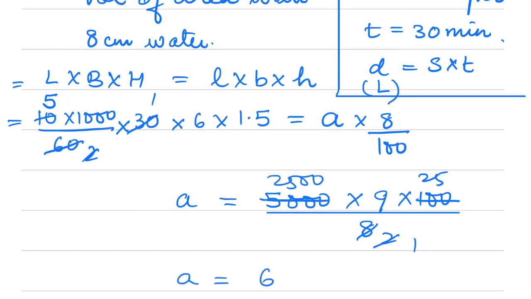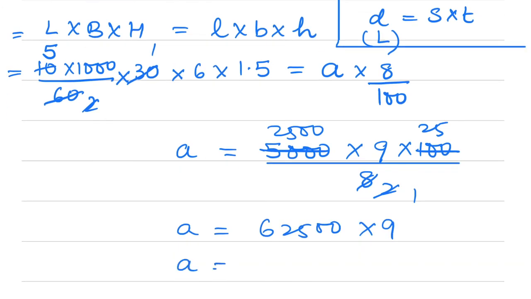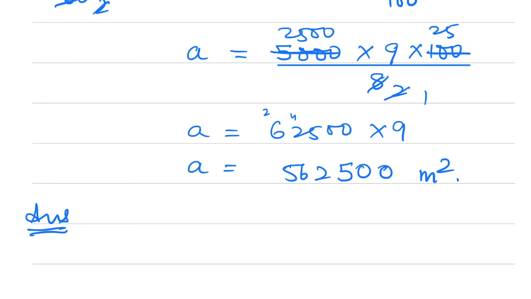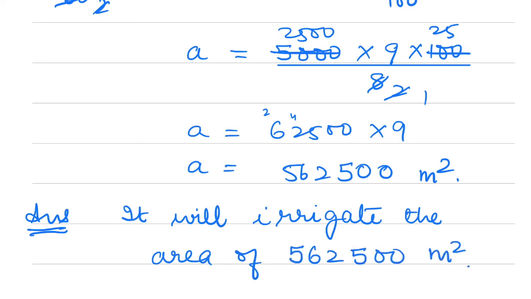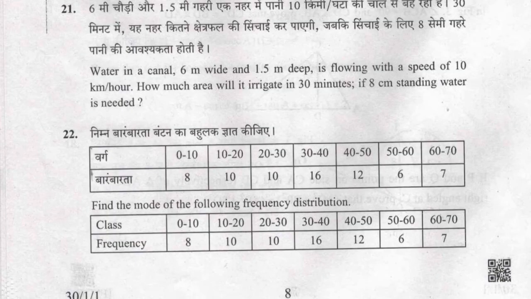We get 62500 multiplied by 9, which is equal to 562500 meter square. So the answer we can write down is that it will irrigate the area of 562500 meter square.